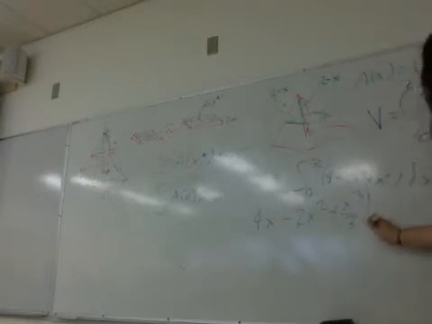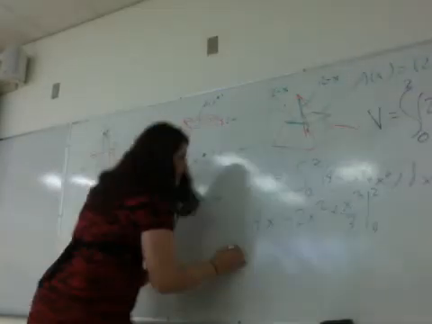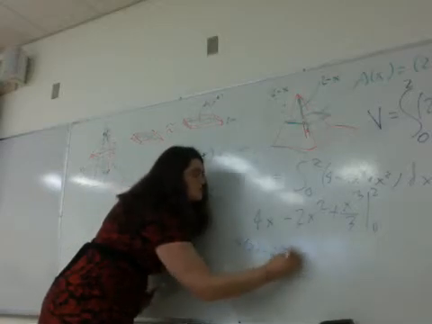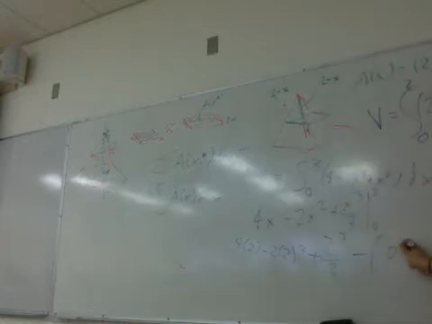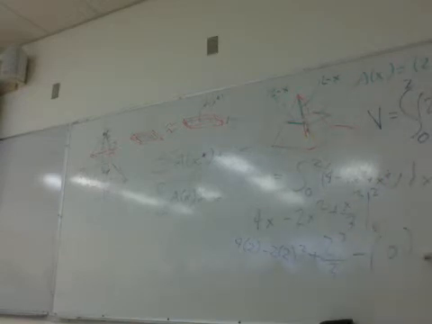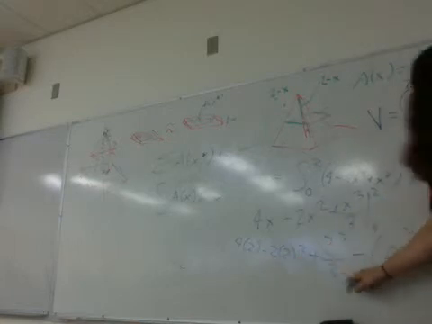And this whole thing goes from 0 to 2. I plug in 2: 4 times 2, minus 2 times 2 squared, plus 2 cubed over 3, minus, and I plug in 0. I'll get 0 for all of these when I plug in 0, so I'm just going to write equals 0 here. If we calculate this, 4 times 2 is 8, 2 times 2 squared is 8, and 2 cubed over 3 is 8/3.